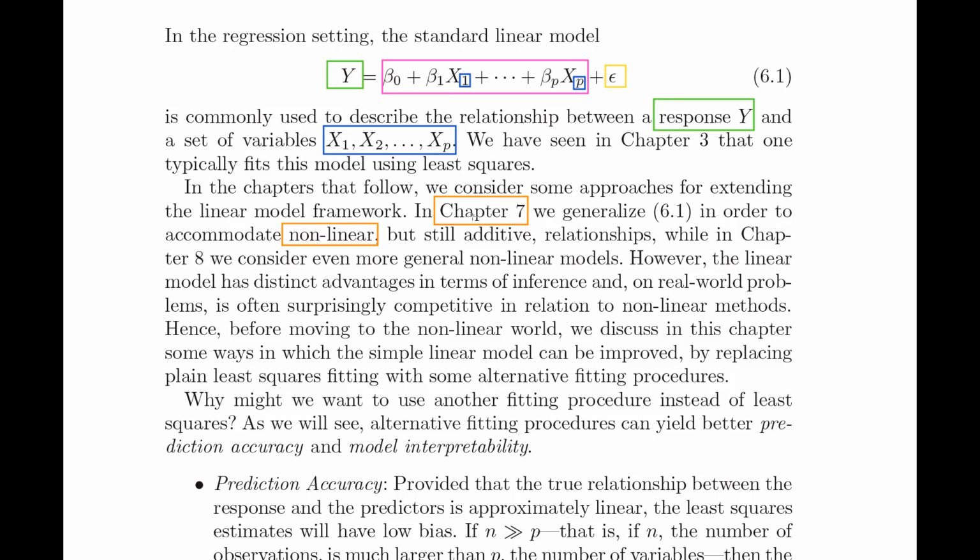And I would imagine by additive, we simply mean that we are adding the influence of each predictor variable on y, while in chapter 8, we consider even more general nonlinear models.